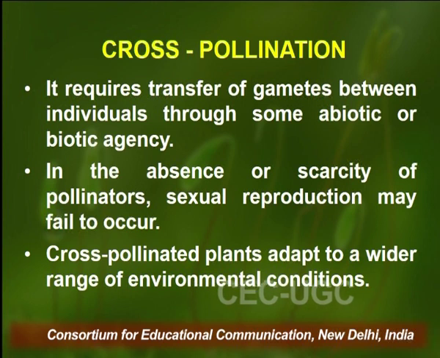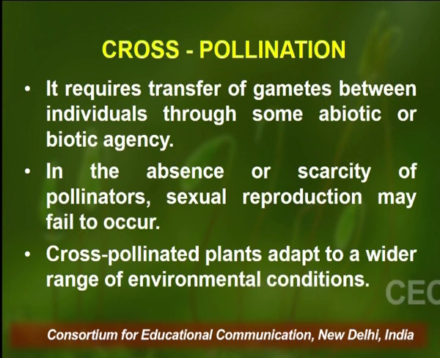Cross-pollination requires transfer of gametes between individuals. This can happen through biotic or abiotic agencies. Now, in the absence or in the scarcity of pollinators, that is biotic pollinators, sexual reproduction can sometimes fail to occur.